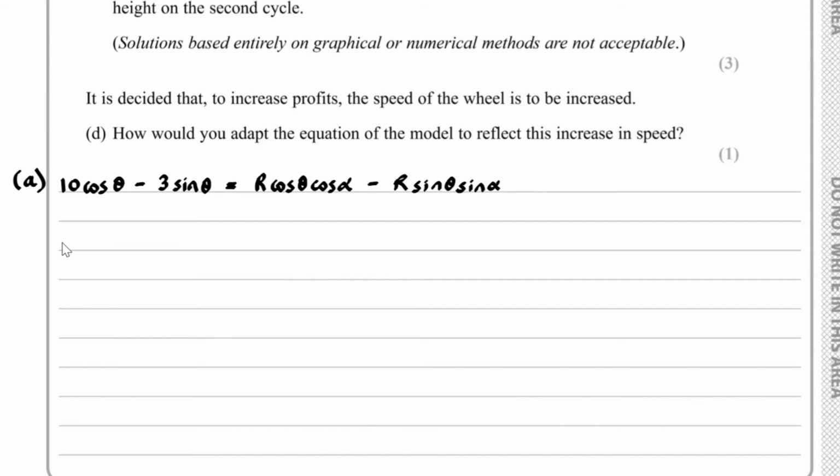And if I compare the terms involving a cos theta, you can see on the left hand side I've got 10 of them, and on the right hand side I've got r cos alpha of them.